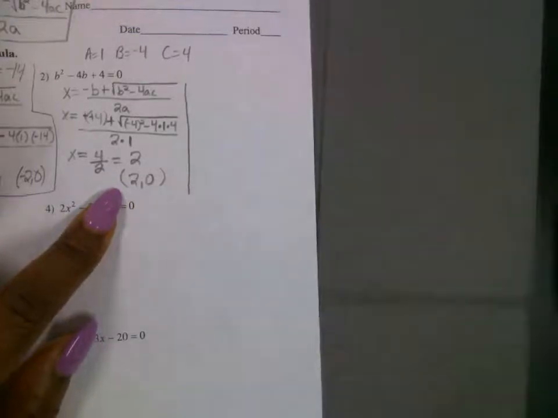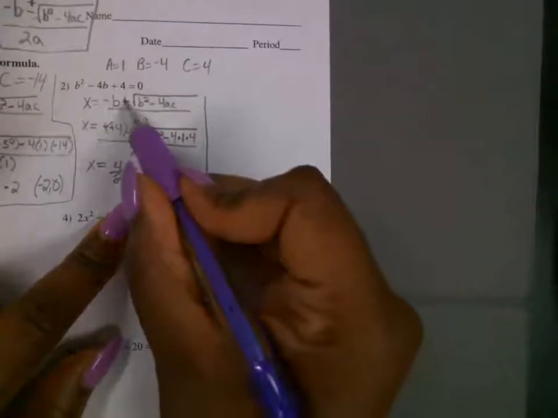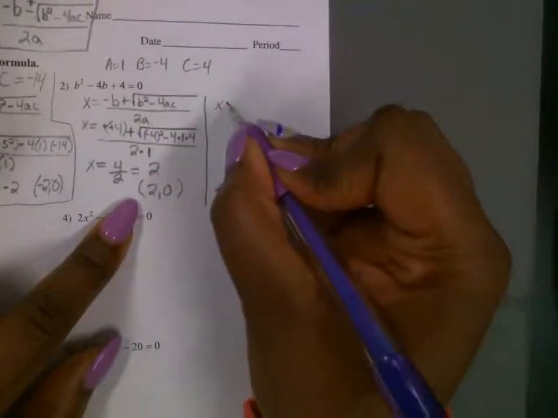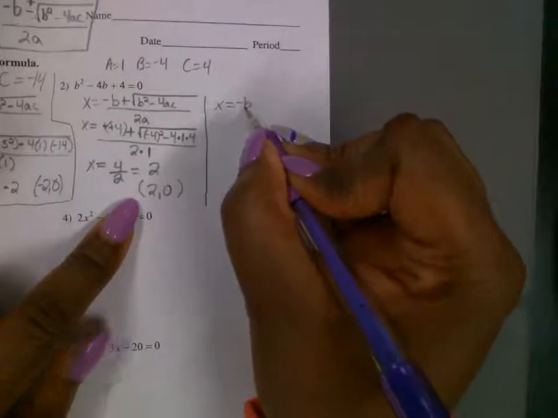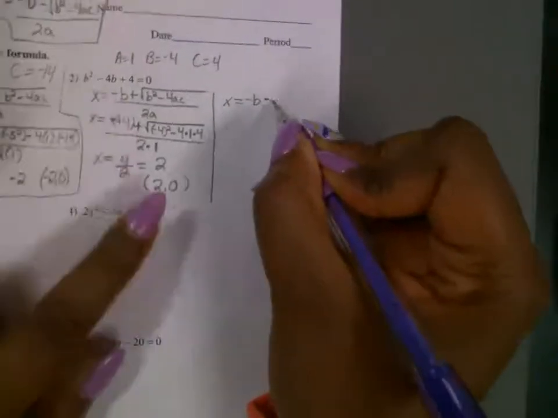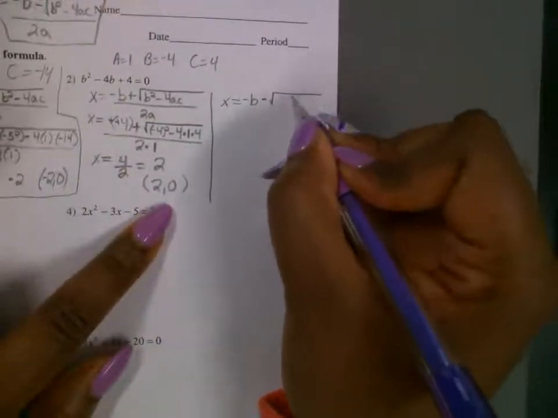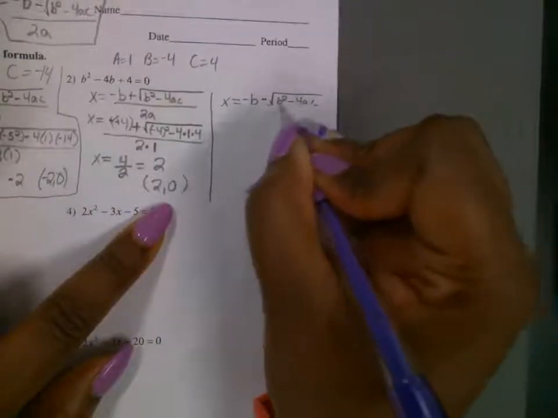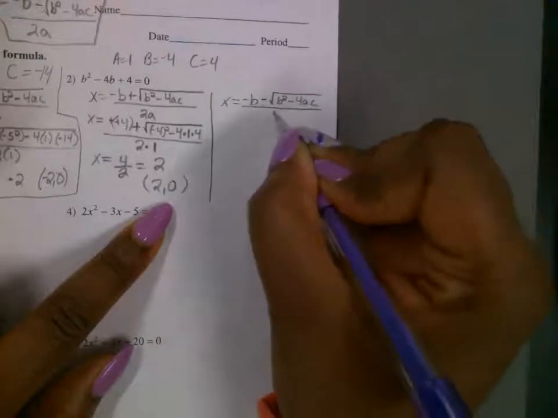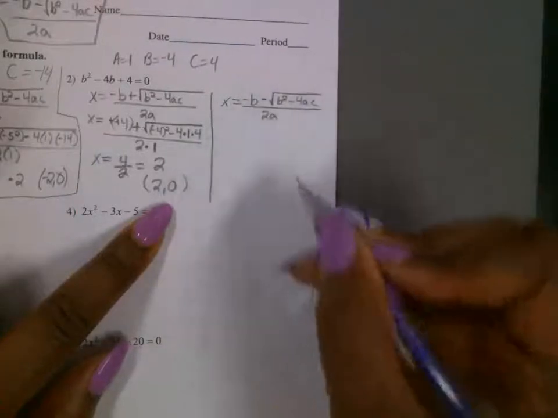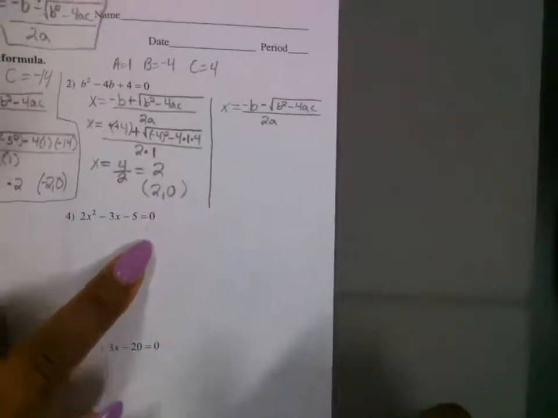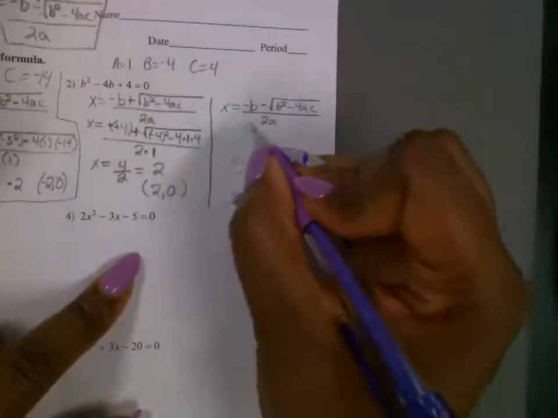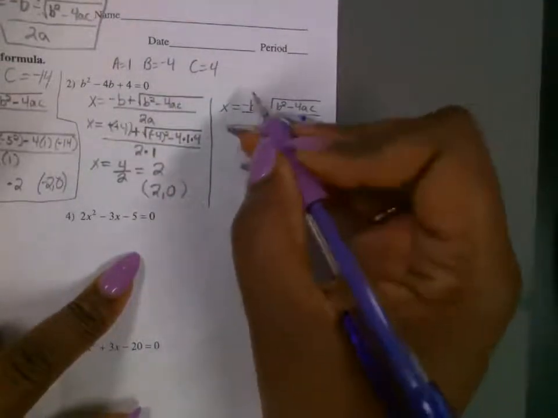So now let's do where it's minus here instead of plus. So x is equal to negative b, this time minus, right? The square root of b squared minus 4ac divided by what? 2a. Okay. So let's substitute. We're substituting the numbers all over again. The only thing that's changing is this minus.